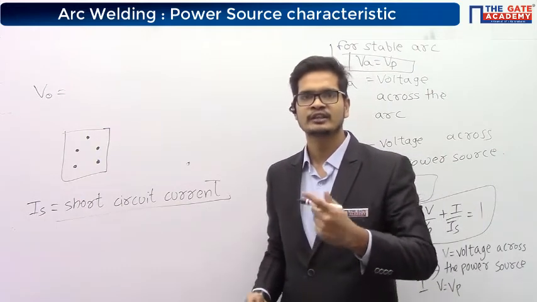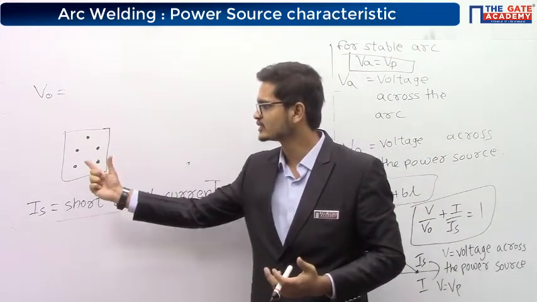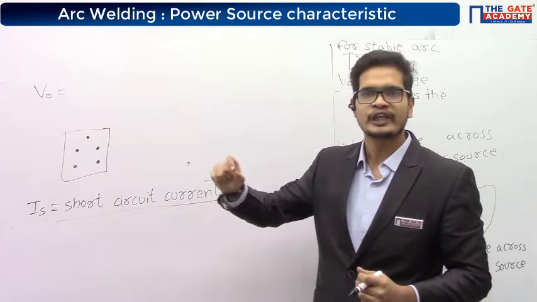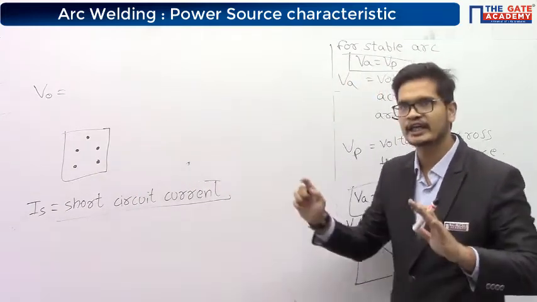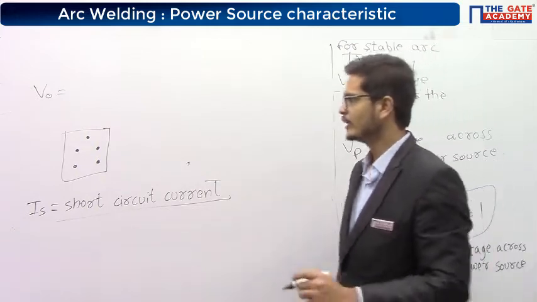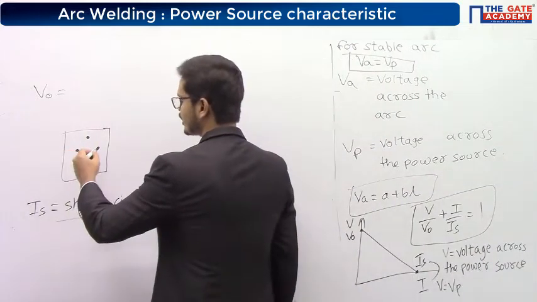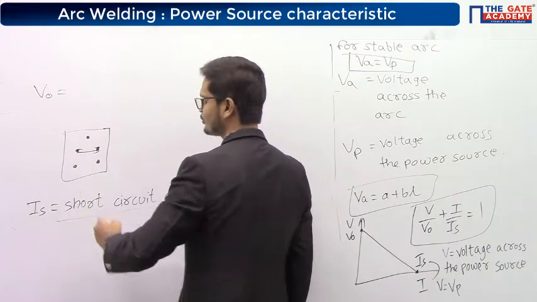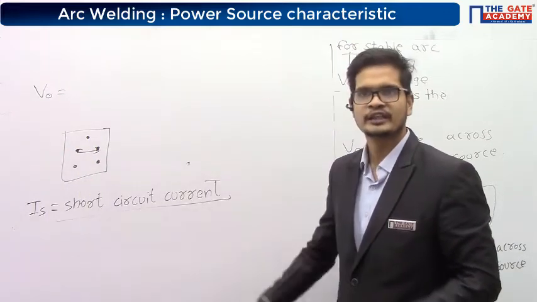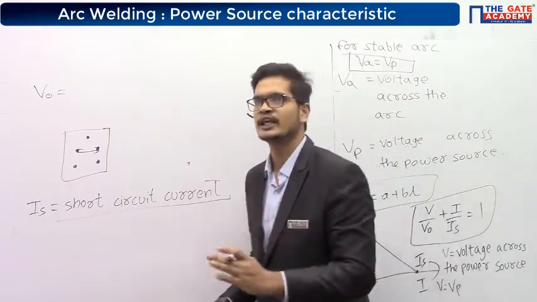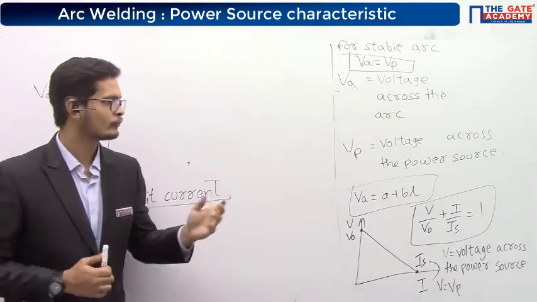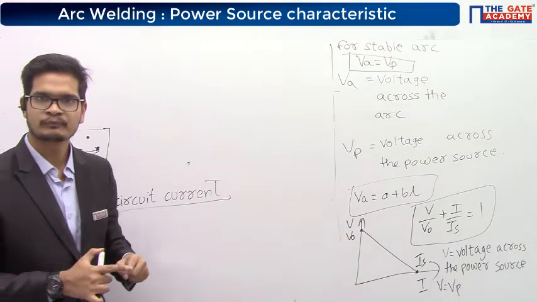If you are attaching your trimmer, it is a resistance. Okay. So instead of attaching any equipment, if you are simply attaching a voltmeter, then the voltage that it will show is open circuit voltage. Similarly, even welding equipment will have a power source.